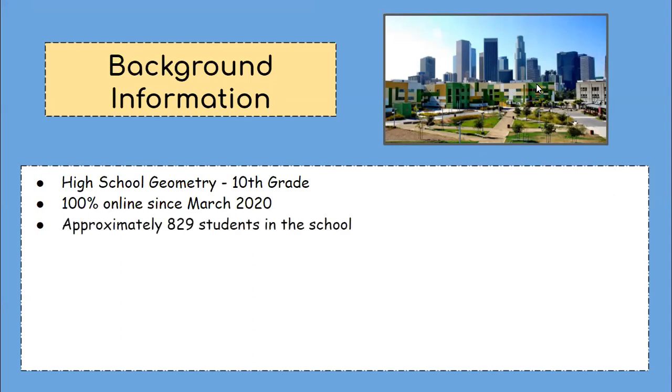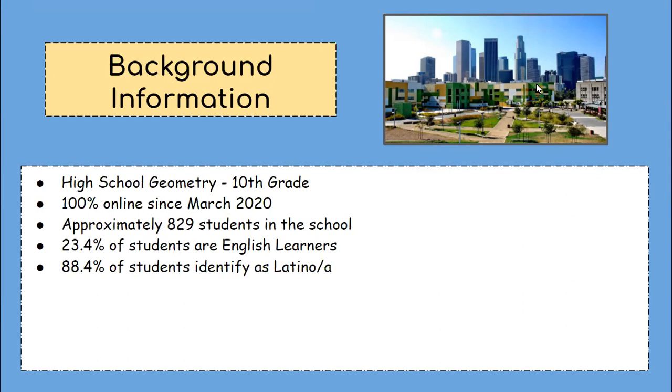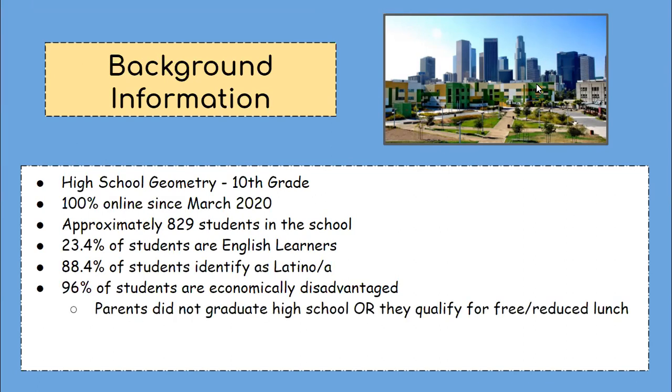In our school, there's approximately 829 students. 23% of those students are English learners. 88% of those students identify as Latino or Latina, and 96% of those students are economically disadvantaged, meaning that their parents did not graduate high school or they qualify for free or reduced lunch, sometimes even both.